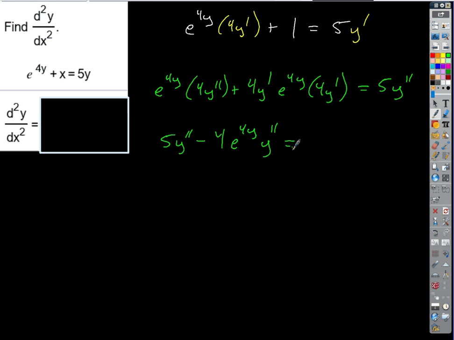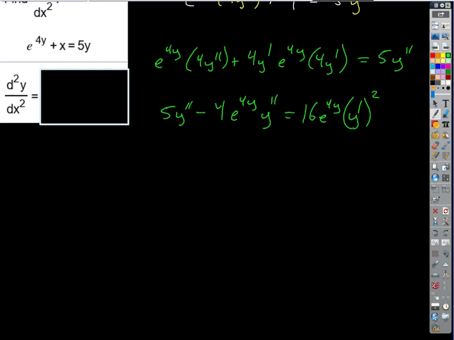So what is that? 16 e to the 4y y prime squared. Factor out a y double prime, divide the rest away, and we get y double prime equals this stuff.